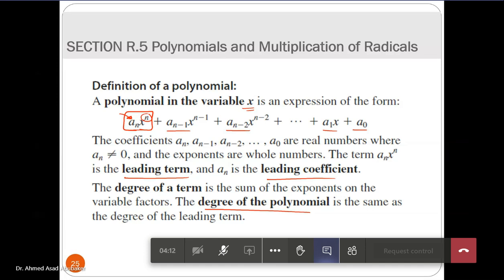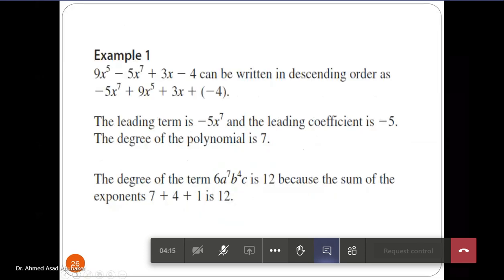Okay, for example, look at this. We have this polynomial. Not the first term; this is not the leading term. The leading term must have the largest exponent, the highest value of the exponent. So the leading term equals negative 5x to the power 7.